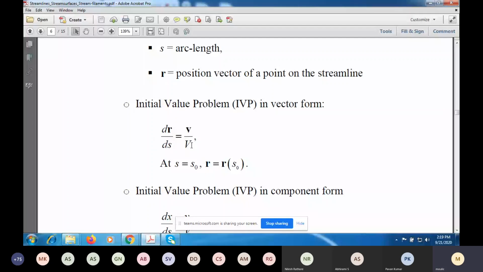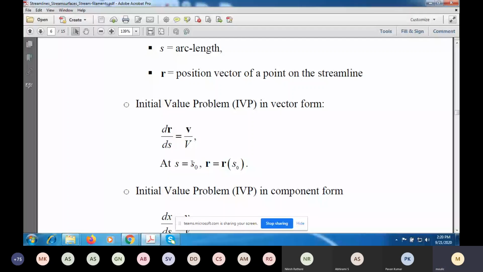You can write it in vector form as dr/ds is the velocity vector V divided by its magnitude capital V. So if the right hand side is known, then you can integrate this equation and find the solutions subject to the initial condition that at some initial value of s, say s equal to s naught, r is r of s naught. And here s naught, of course, could be 0 without loss of generality.